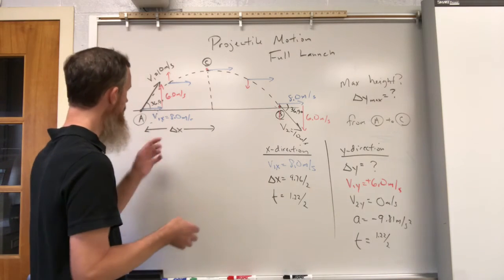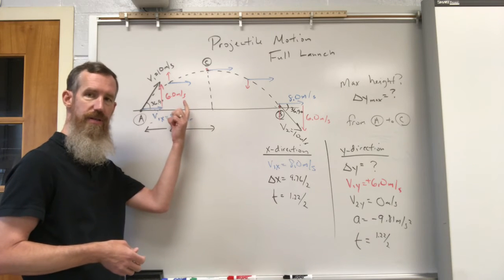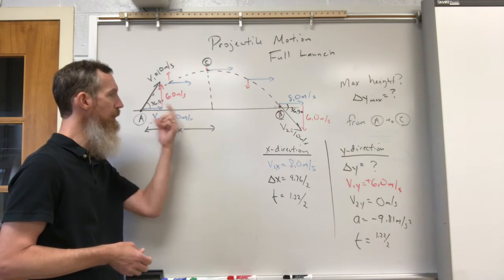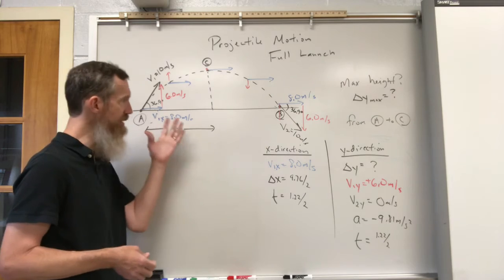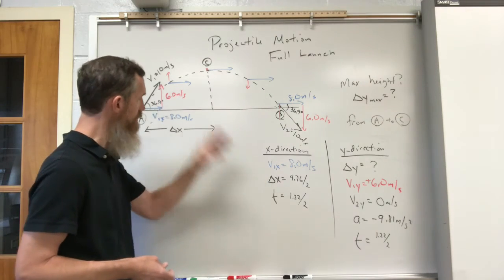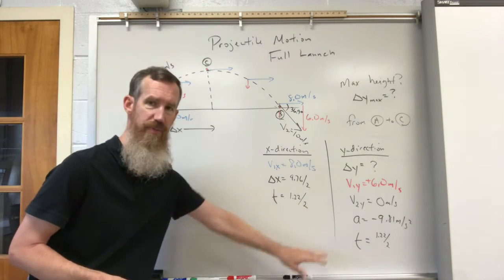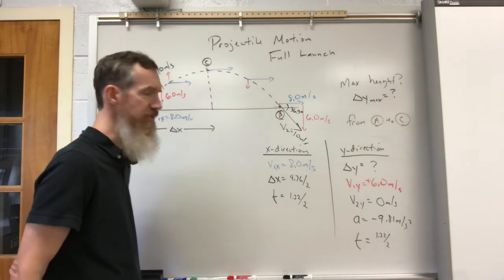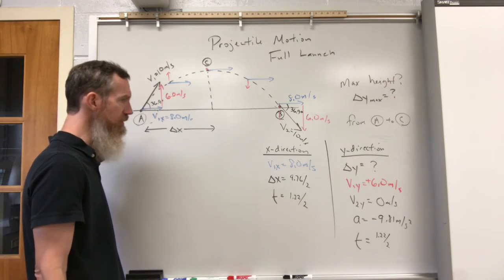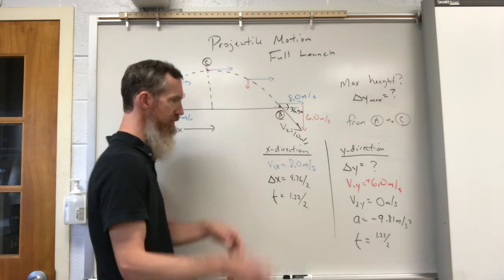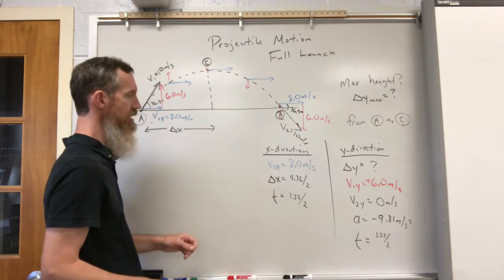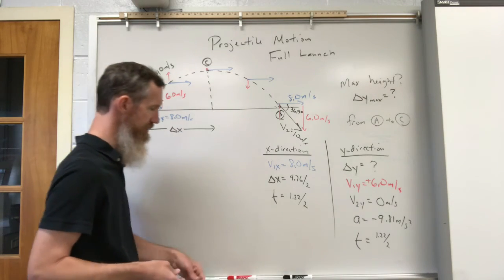Yes, I did manipulate the components here to find those, but they're less manipulated than using those components to find all this information from previous parts. So I'm going to stick with only the given information or the conceptual information to find out this maximum height.